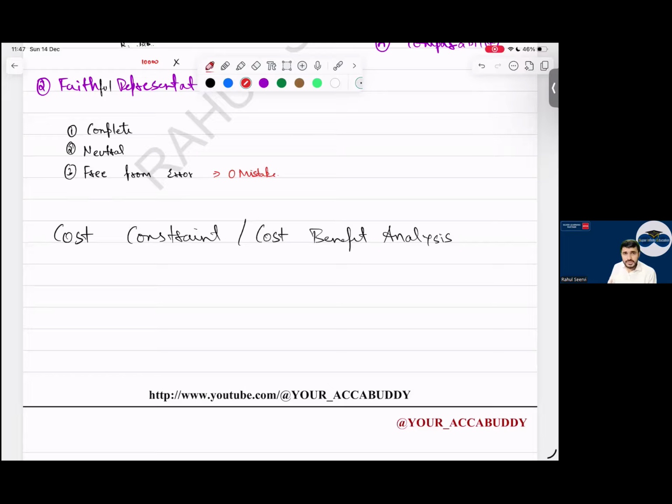The cost involved in the preparation should not be more than the benefit given to the stakeholders. So cost benefit analysis should also be followed. Important note. Yes, sir. So with this, the basic part regarding this is done.